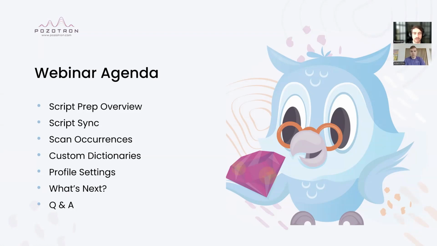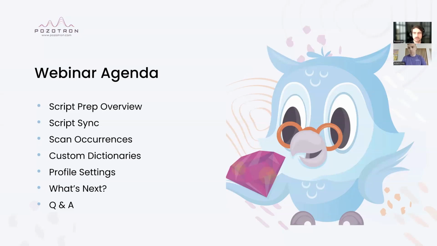So the agenda. We're going to do a script prep overview that covers the pronunciation guide, the character voices guide, and the export marked script tools. These are the three main prep tools, and I'll be covering the basic functionality there, going into detail on each one. Then we'll show you some additional features.